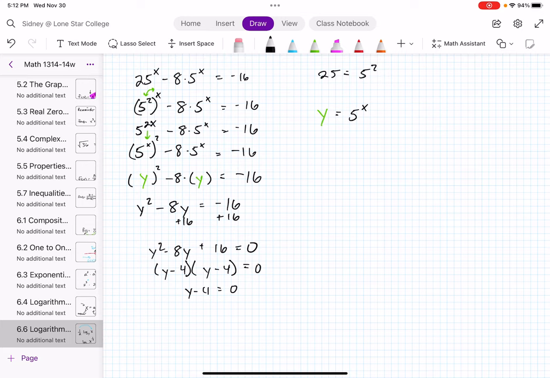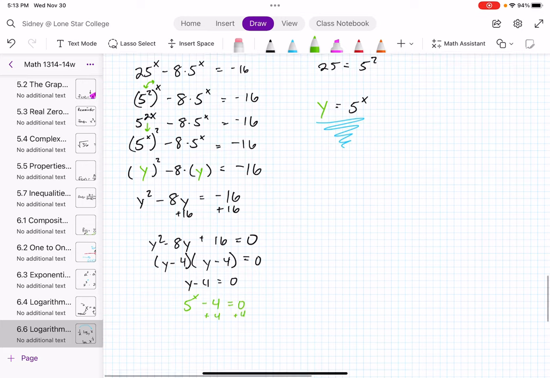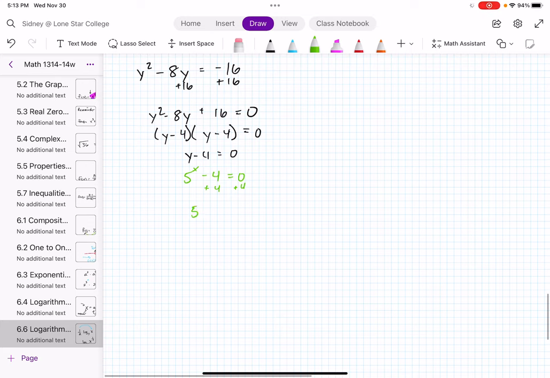But at this point, please do remember that we're not dealing with y. It's really 5 to the power of x. And so what I have then is 5 to the power of x minus 4 equals 0. And if I go to solve this, what I end up with is 5 to the power of x equals 4.